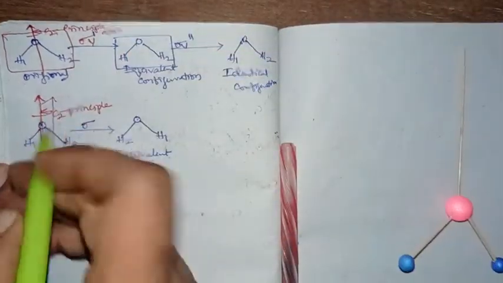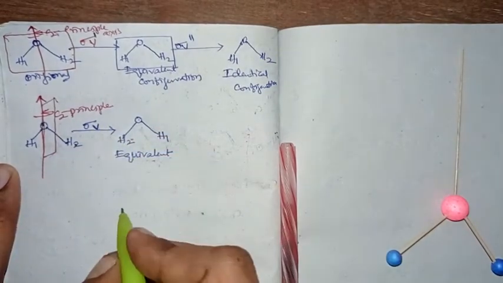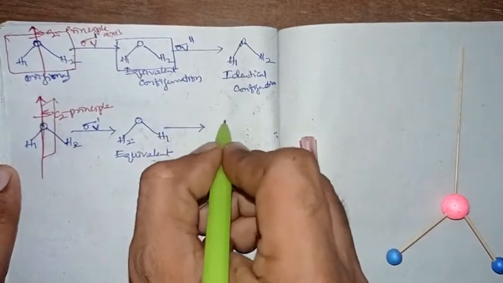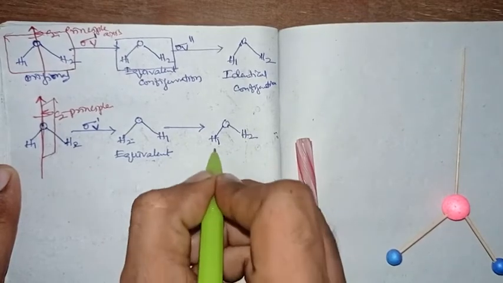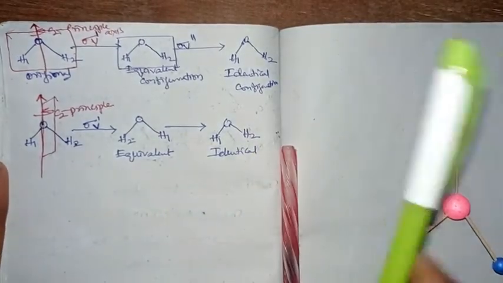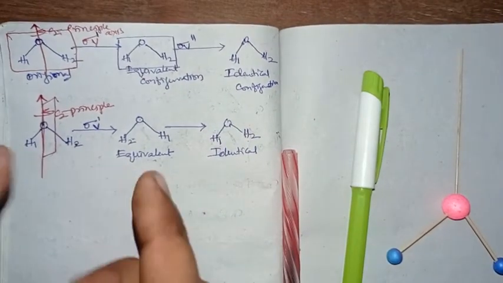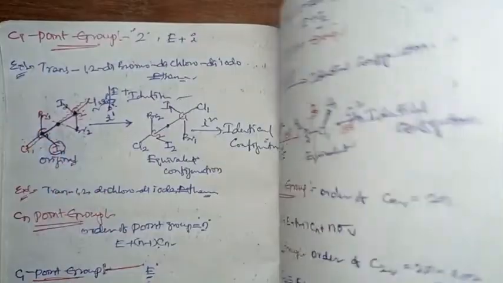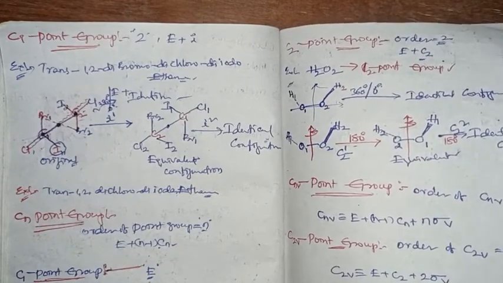So the plane we have is a vertical plane of symmetry. So one time it gives an equivalent configuration, and doing it a second time it gives you the identical configuration, right? So like this, the water molecule will have two vertical planes and one rotational axis, a second-fold rotational axis, right?